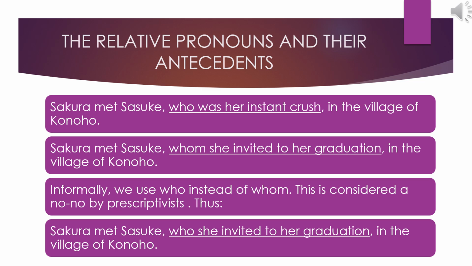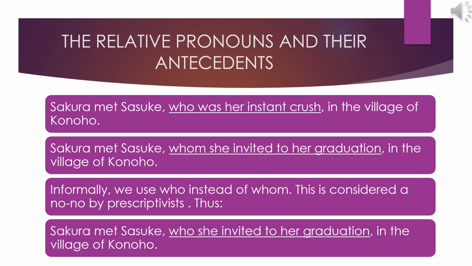Now, if you want to know why this is an object, it's actually pretty simple. What is the antecedent of whom? Well, obviously it's Sasuke, right? So if you replace this word whom by Sasuke, the clause would read Sasuke she invited to her graduation. That doesn't make sense, right? We need to reorganize this sentence, and it should say she invited Sasuke to her graduation.